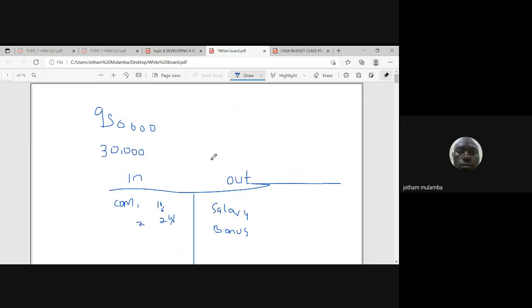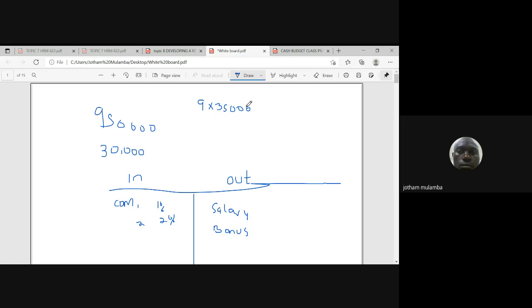So the company pays 9 employees, and each one of them earns a salary of 35,000. But this 35,000 is paid per year.